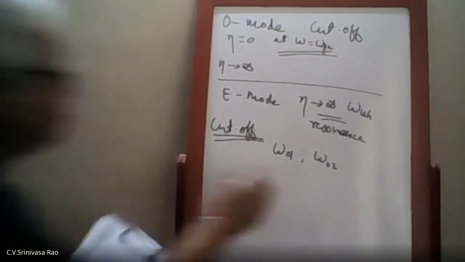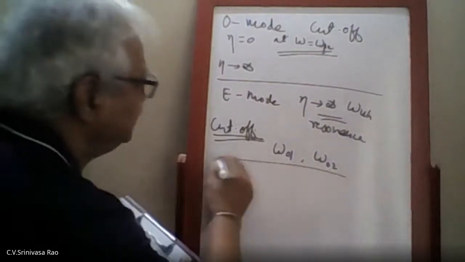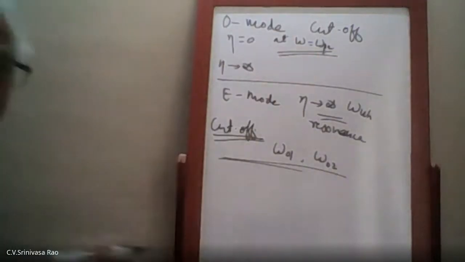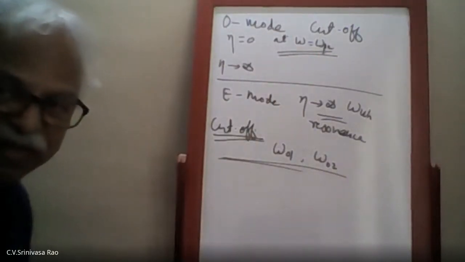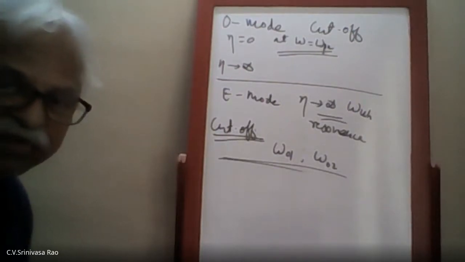But in all these equations, what we have done is we have neglected the motion of ions. We have taken only the motion of the electrons.